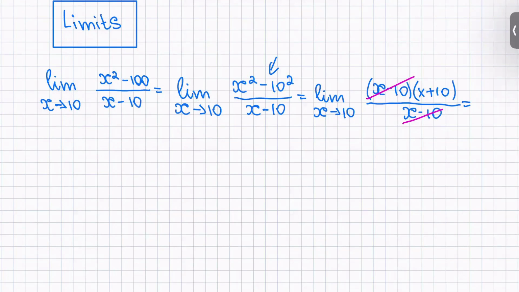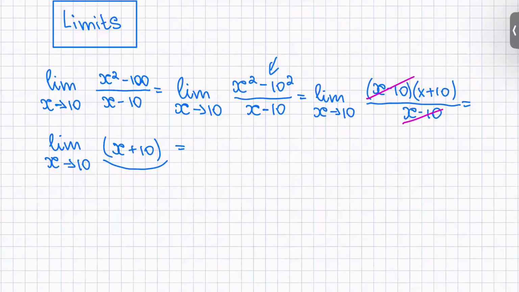So we get that it is equal to the limit when x is approaching 10 of only x plus 10. And this is just a linear function, x plus 10, which is continuous.